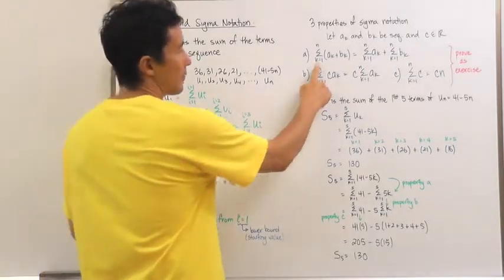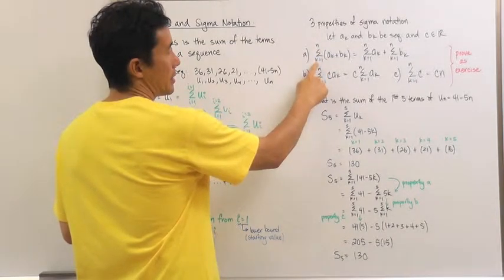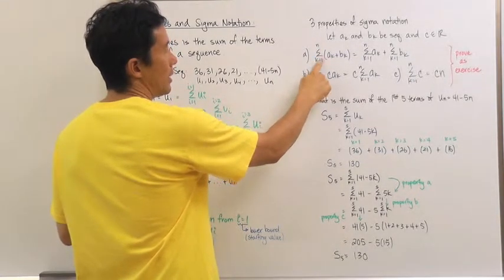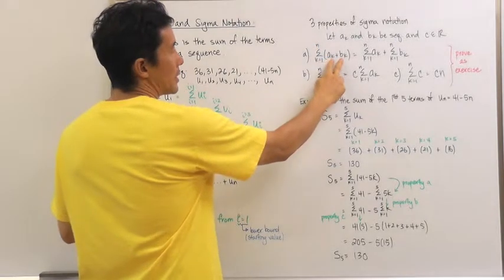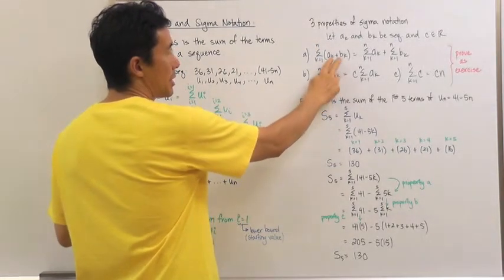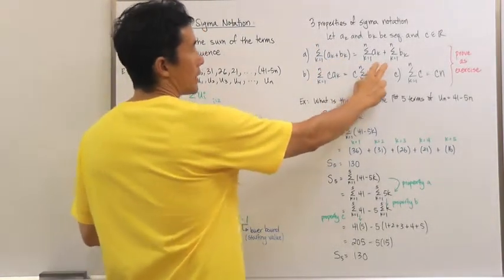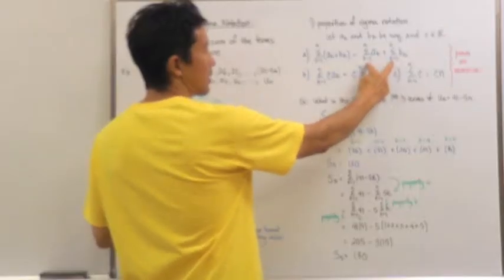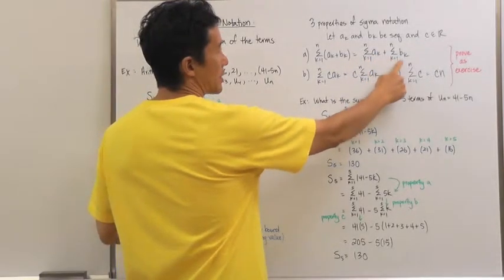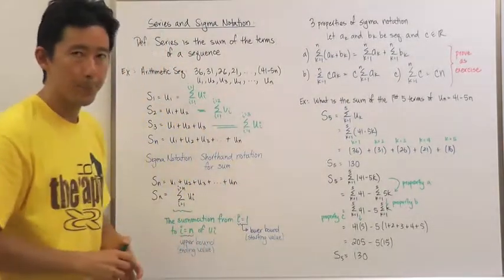So that means that if I take the series, the summation from k is equal to 1 to n of the sum or difference of 2 sequences, I can represent that as 2 separate summations of each one of the sequences separately.